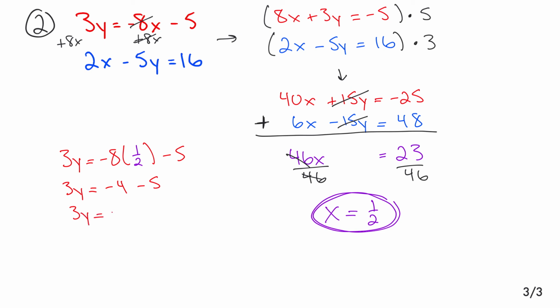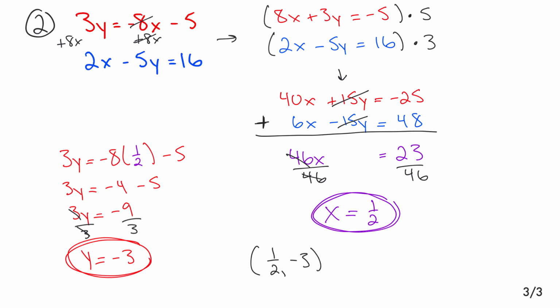Negative 4 minus 5 is negative 9. Divide both sides by 3. Y is going to equal negative 3. There's my y value, which means my answer is positive 1/2 comma negative 3. That is the location where these two lines intersect.